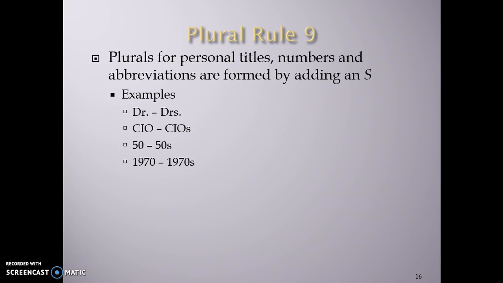The 50s. 50s is 50S, not apostrophe S. If you're talking about from 1950 to 1959, it is 50s. Same thing with the best decade ever, 1970s. I'm talking about from 1970 to 1979, which were the best decade ever. And guess what? I'm going to put just an S after the 70.